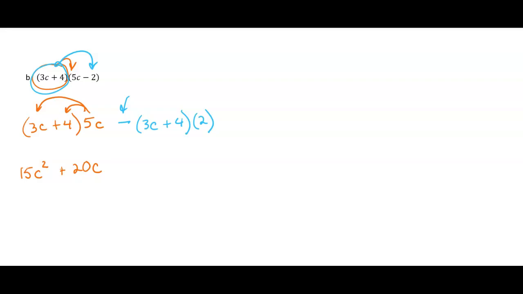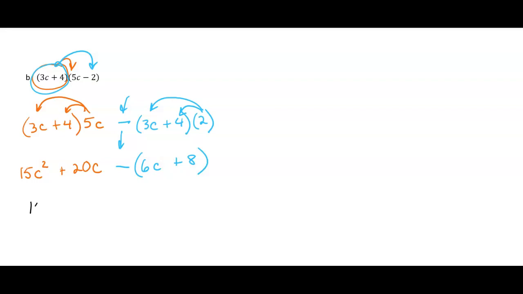And the problem really is that subtraction sign. So I have minus, but I have to subtract all of this. So it's going to be 2 times 3c, which is 6c, and then 2 times 4, which is 8, plus 8. But because of that minus sign that I drew, I've got to distribute that. So there's a couple ways you could have taken care of it.